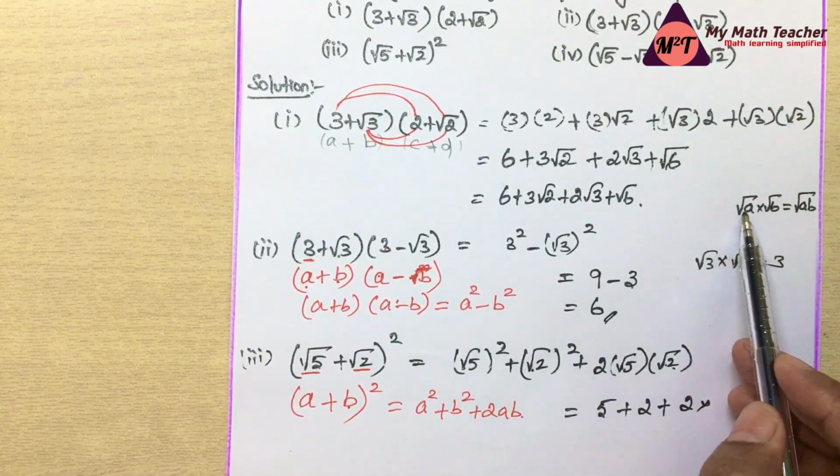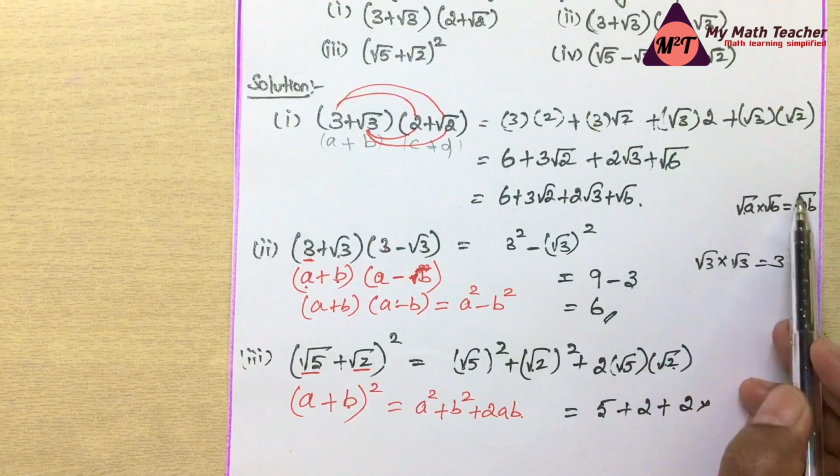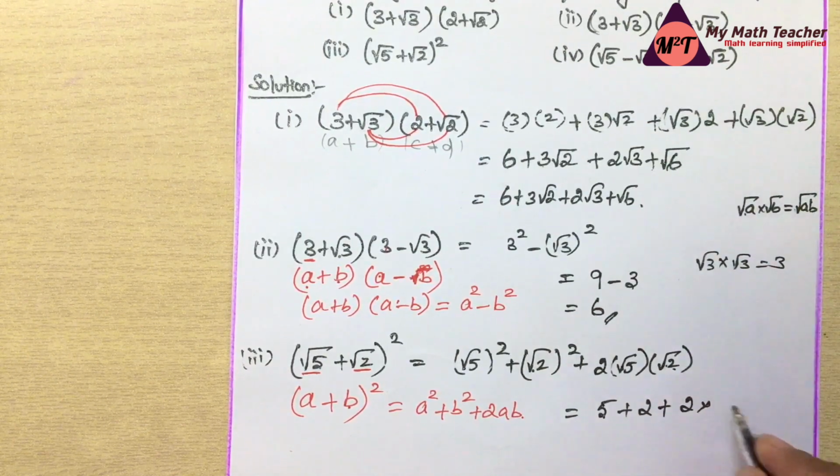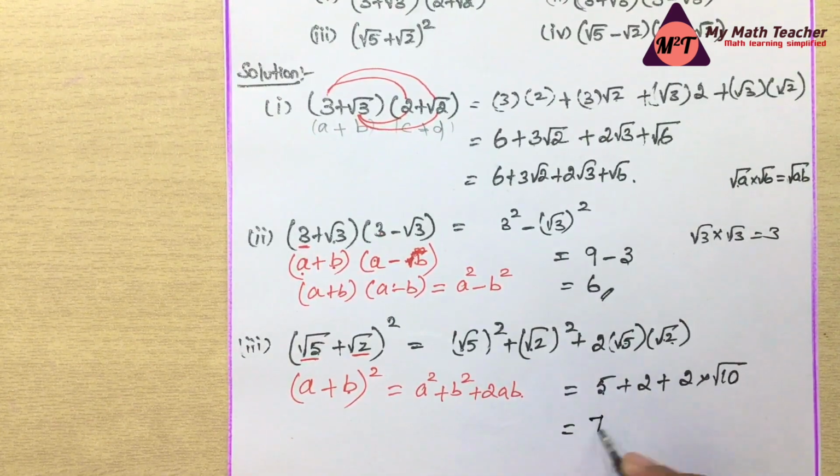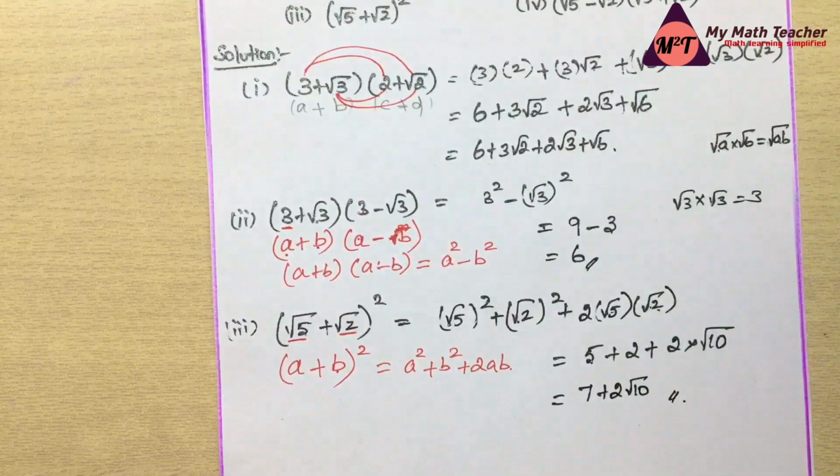The same way, √A into √B is √AB, that is √10. So 5 plus 2 is 7, plus 2√10. This is the answer.